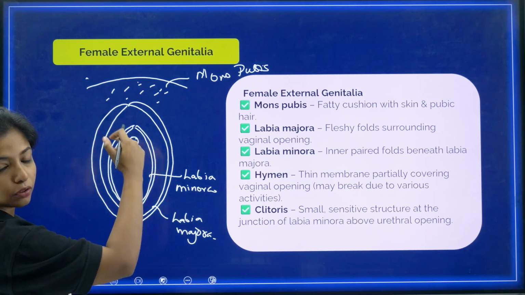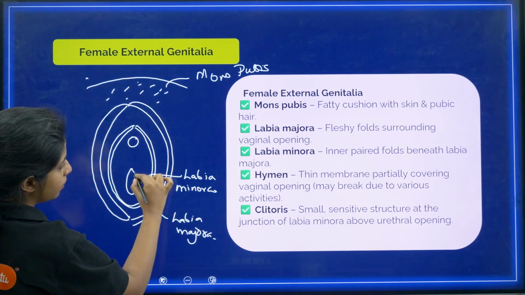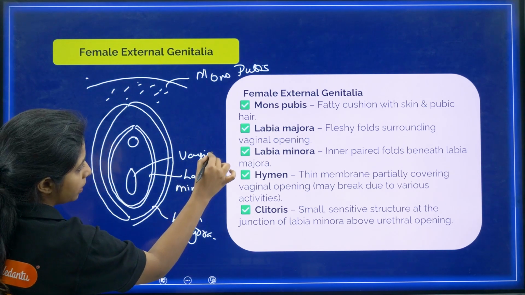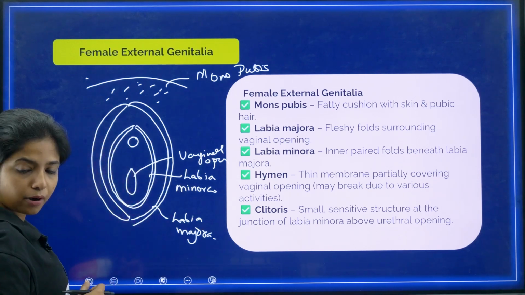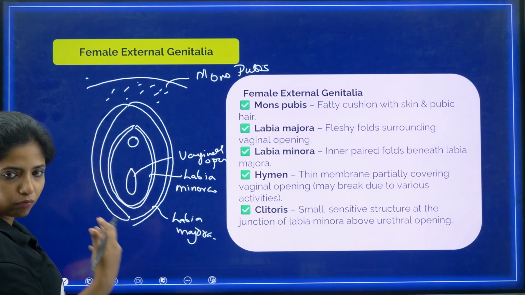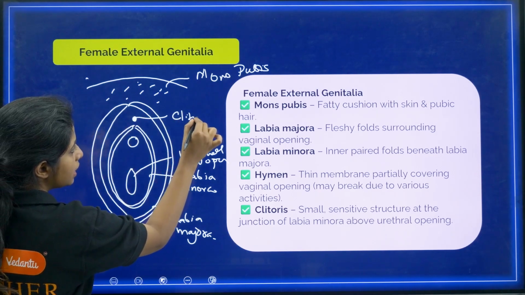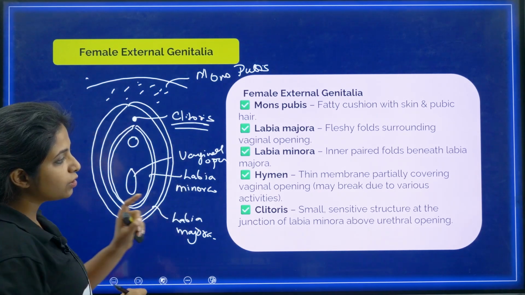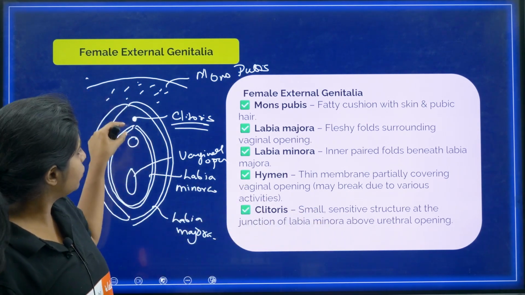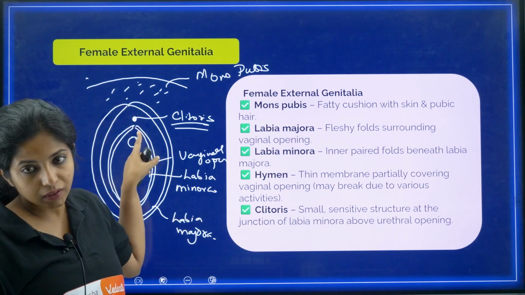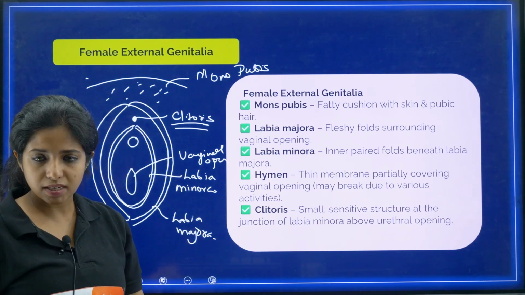The urinary bladder will be opening up over here, and here you would have the vaginal opening, which leads to the female reproductive parts, that is the cervix and uterus and everything. Now above this, there is a small region which is known as the clitoris, my dear children. The clitoris is a small sensitive structure at the junction of the labia minora above the urethral opening. This clitoris helps in excitation in the case of females.